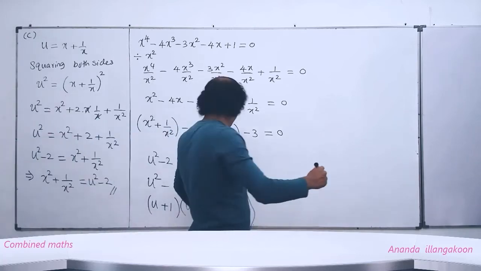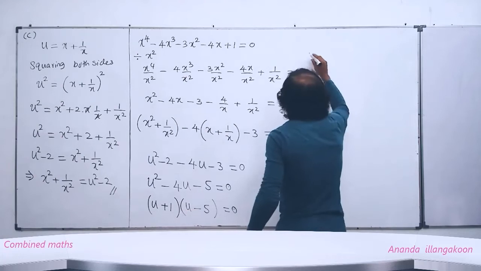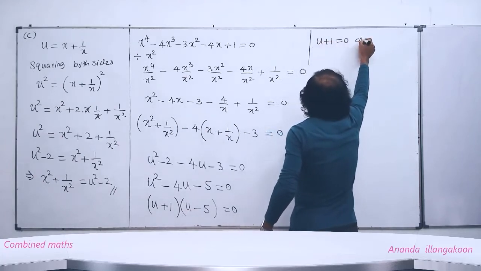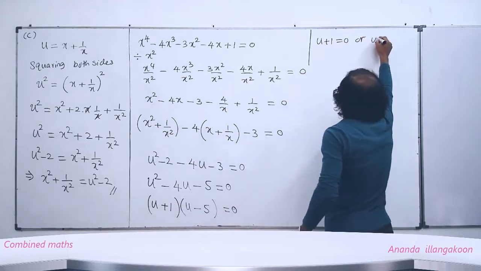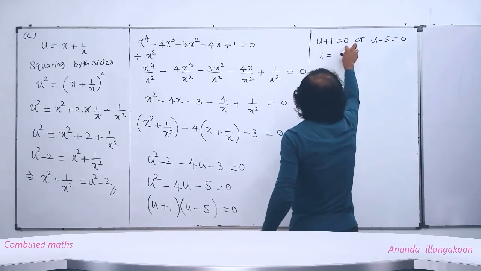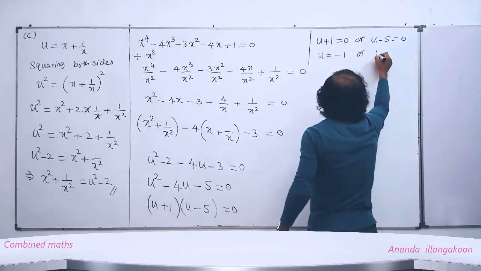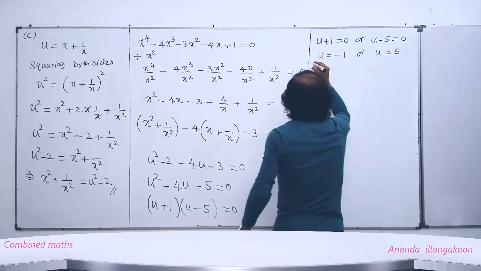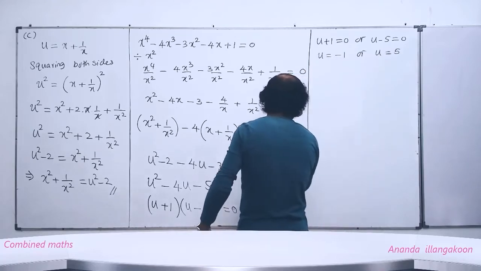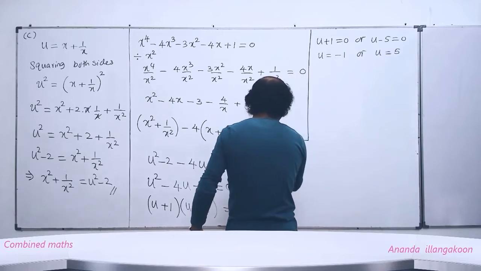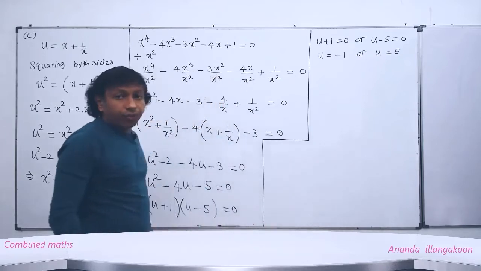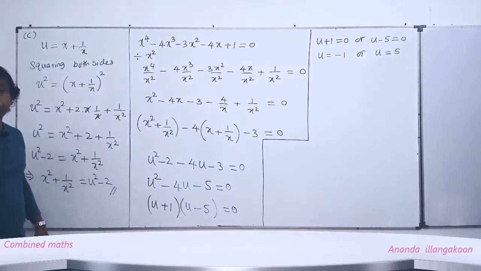Now there are 2 answers. Equate this to 0 and this to 0. u plus 1 equals 0 or u minus 5 equals 0. So u equals minus 1 or u equals 5. But we need to take the answer for x, not for u.